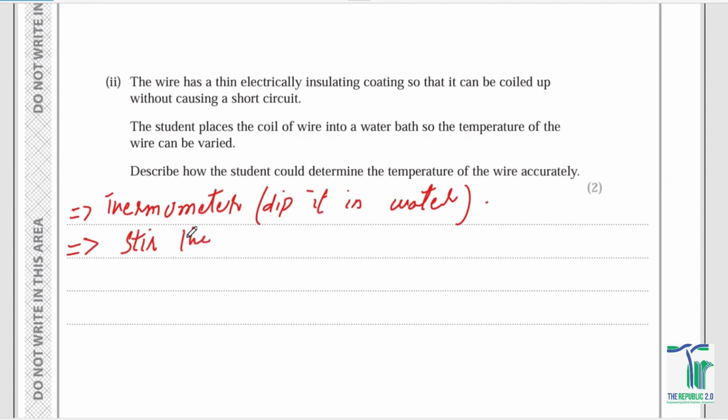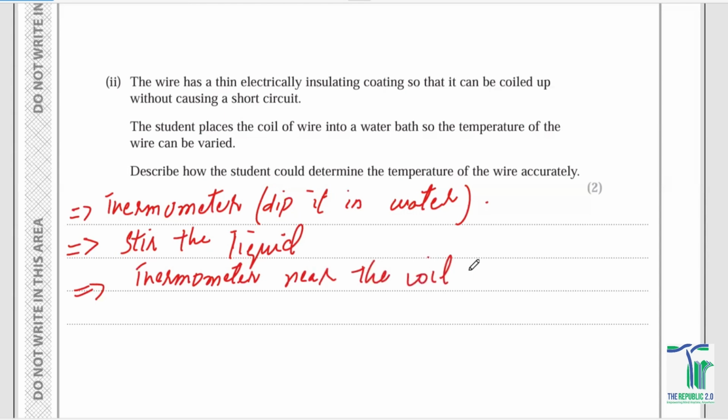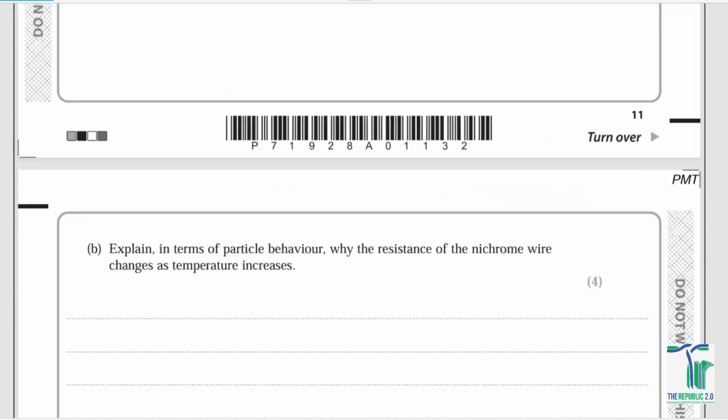Stirring the water would help spread out the temperature uniformly. Then, you should place the thermometer near the coil as soon as you're done with stirring, right? So that is the third point. So these are the three steps by which students can measure the temperature quite accurately.